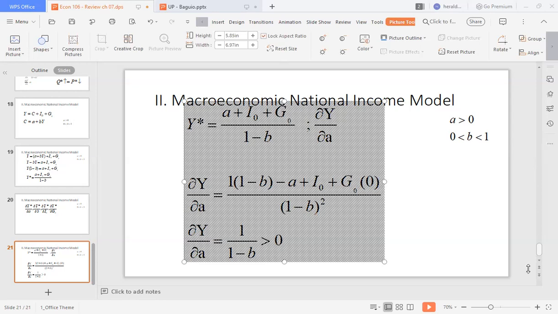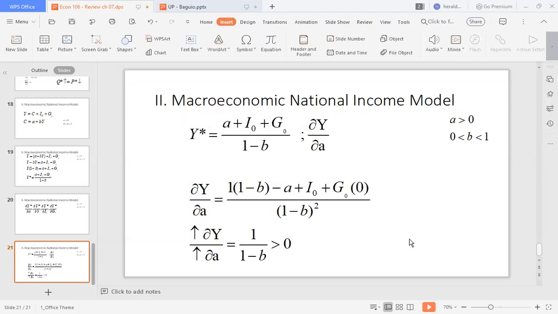So if there is an increase in A, it would also affect the equilibrium value Y star in the same direction. So an increase in A would also increase Y. So how much will Y increase if there is an increase in A? Again, A there, in theory, is our autonomous consumption.